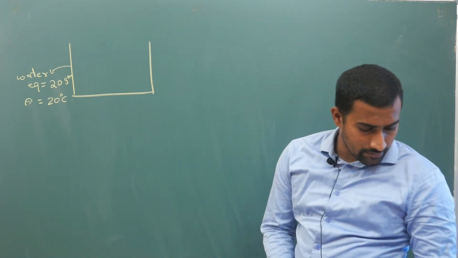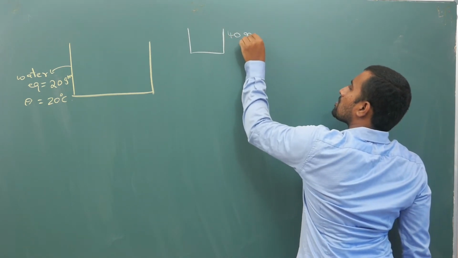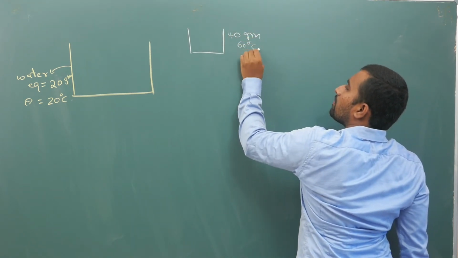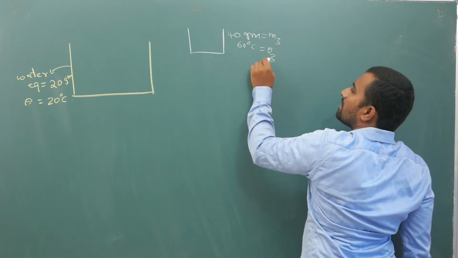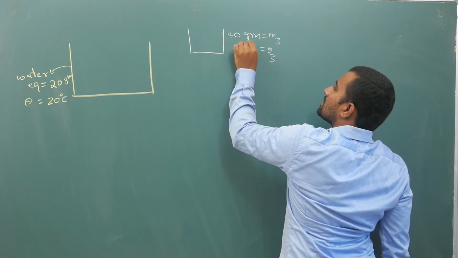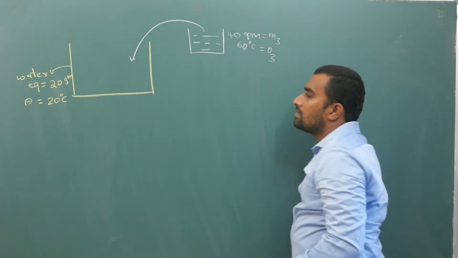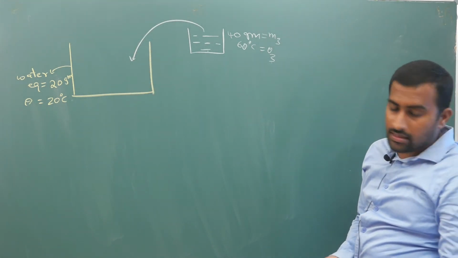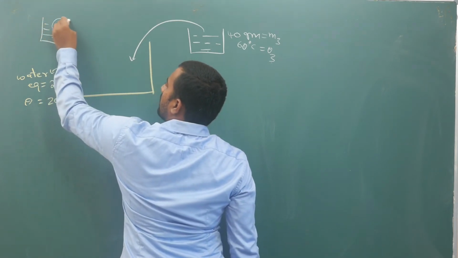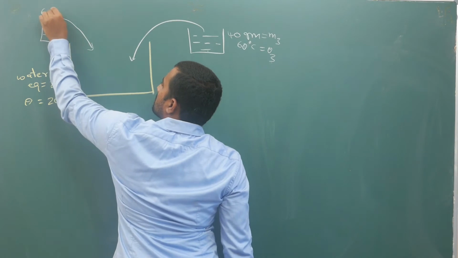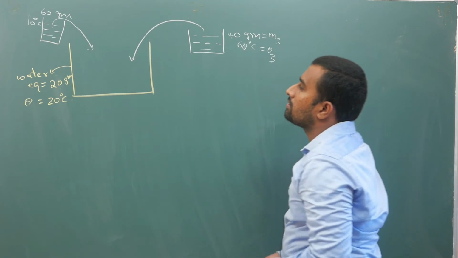Next you have 40 and 60: 40 grams of water at 60 degrees centigrade. I will take M3 and theta 3. This is 60 degrees centigrade water. You are mixing simultaneously another container with 60 and 10: 60 grams at 10 degrees centigrade.